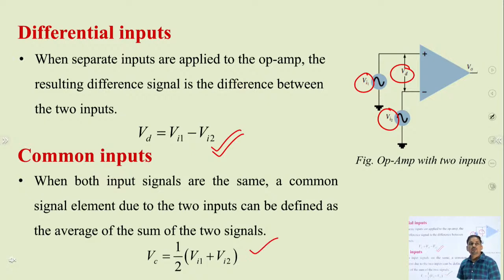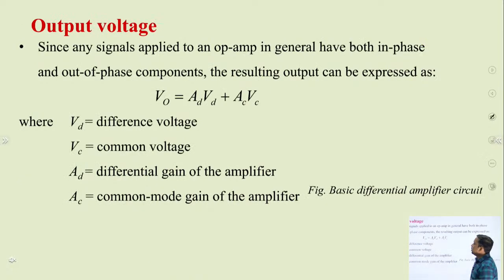So Vc equals 1 by 2 (Vi1 plus Vi2). This is called the common mode input voltage. So the output of the op-amp when both types of inputs are applied can be given as V0 equals AdVd plus AcVc. The first term is due to the differential mode, and this is due to the common mode voltage.